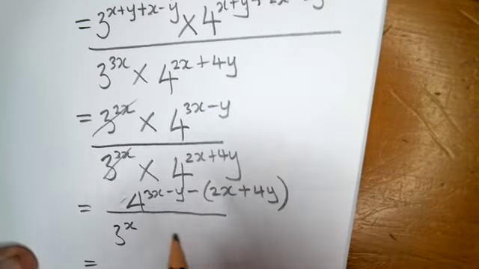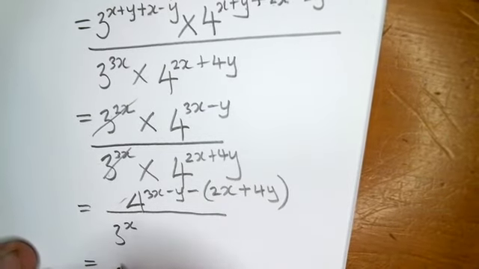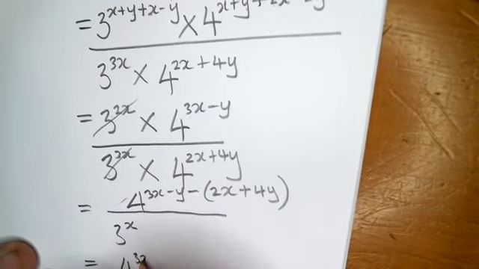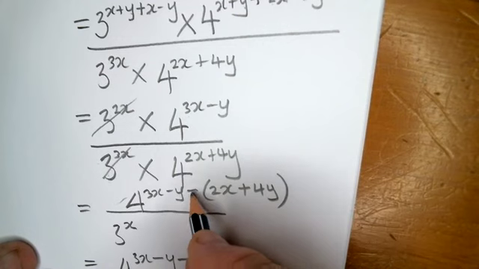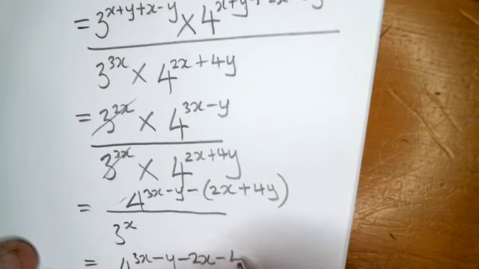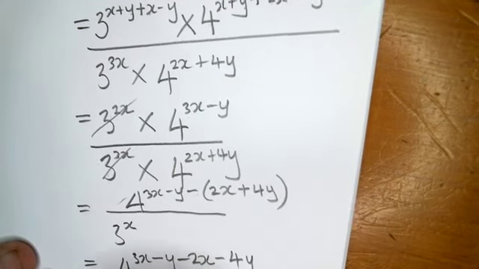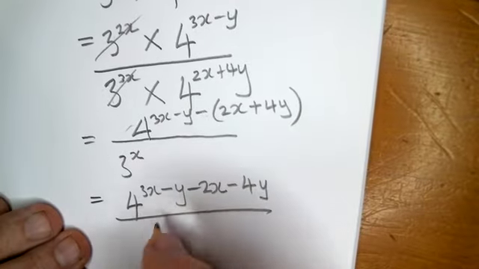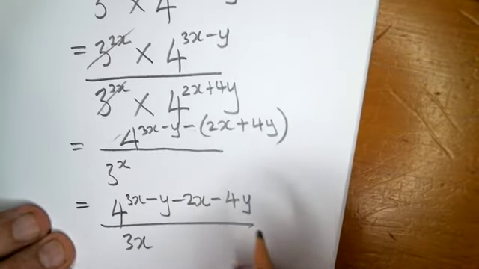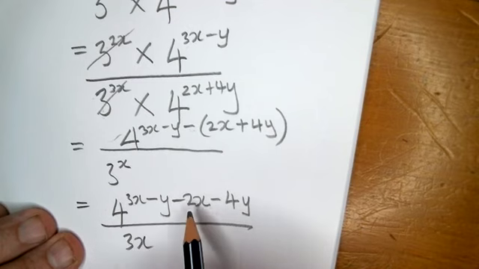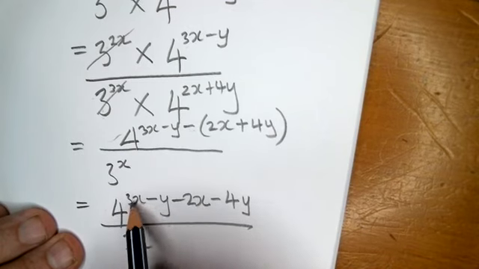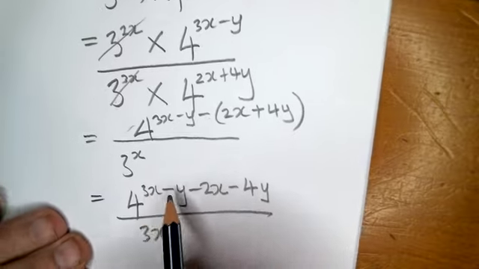And that's equal to 4 to the power of 3x minus y, minus 2x, and minus 4y, all over 3 to the x. Now, does that all work? So I've got a 3x and I've got a minus 2x. Well, 3x minus 2x is just x.